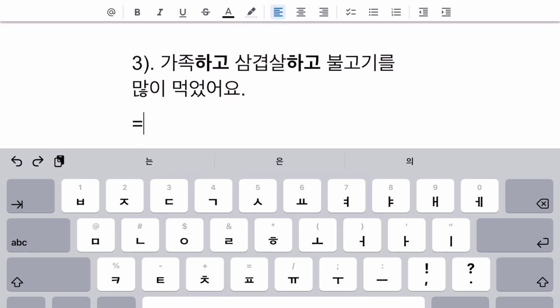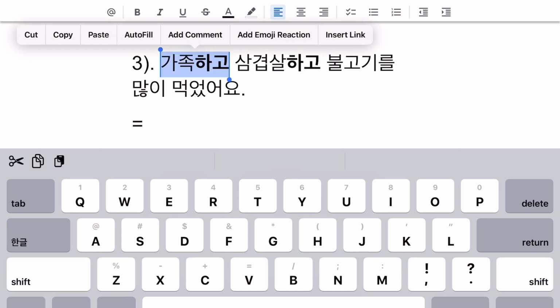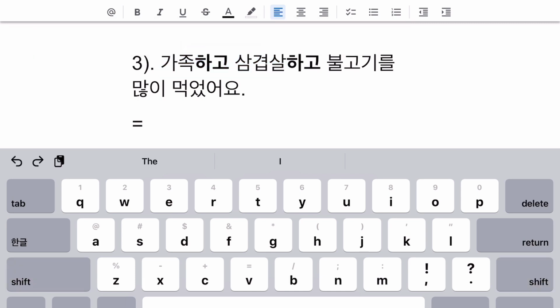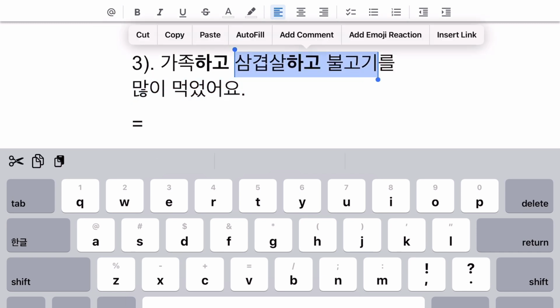So what does it mean? 가족하고 삼겹살. So is it going to be family and 삼겹살? I don't think so. So it's with my family and then separately these two. 삼겹살하고 불고기. So 삼겹살 and 불고기. 많이, a lot. 먹었어요. I ate.